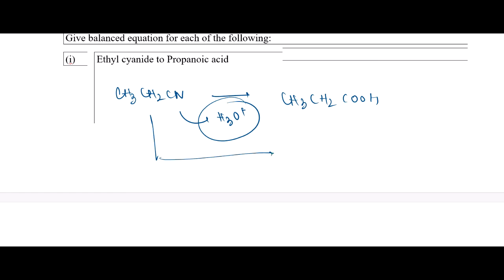If it is ethyl cyanide to propylamine, then we have to reduce it with LiAlH4, and that gives CH3CH2CH2NH2, propylamine. For this type of conversion we have to follow the balanced equation. In organic reactions most of the time it will be balanced, so we have to check the number of carbons also.